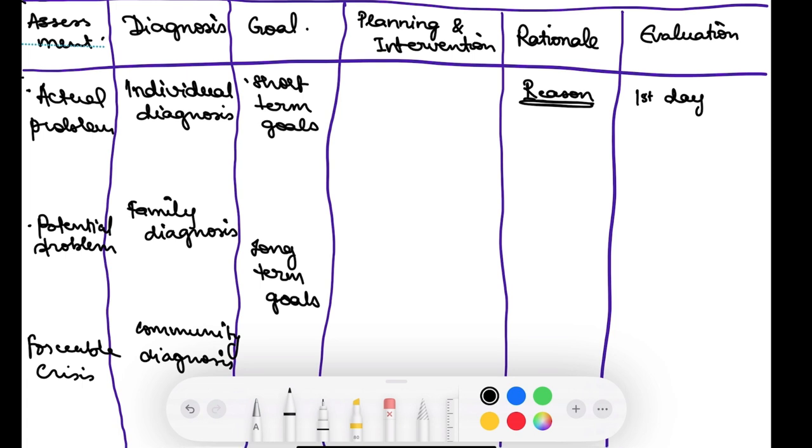After follow-up on the second day, third day, fifth day, seventh day, whatever they tell us and the changes they feel are included in the evaluation.